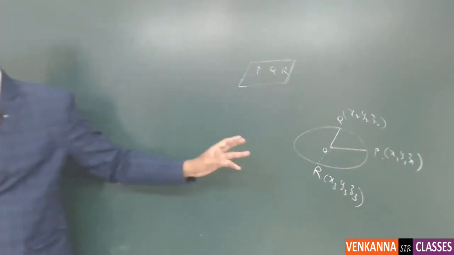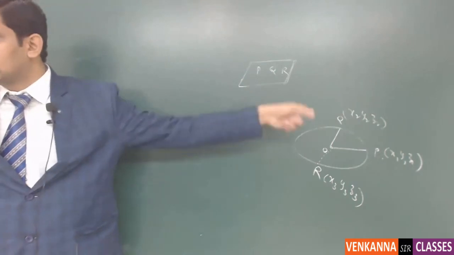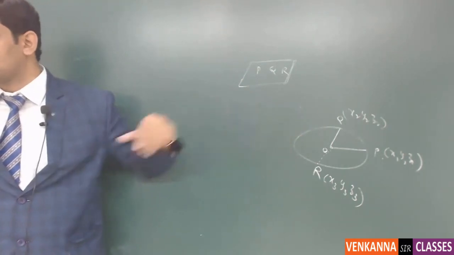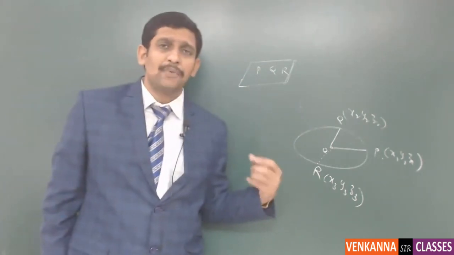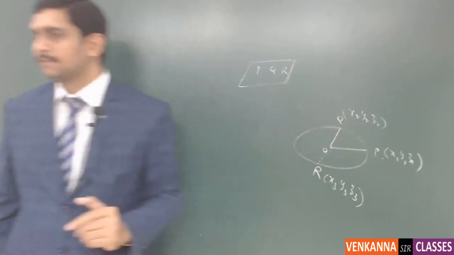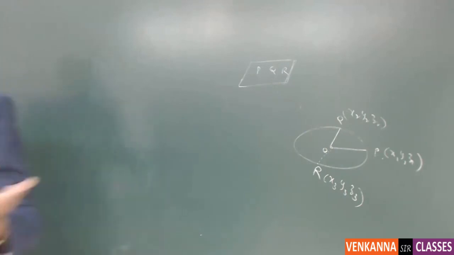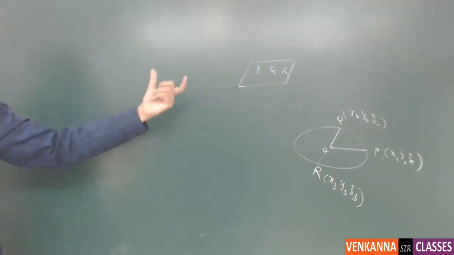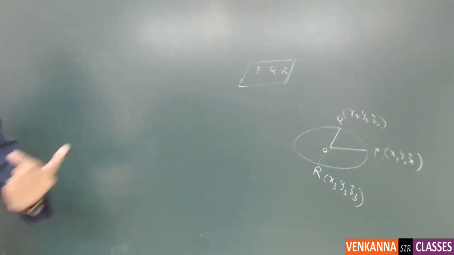If I have considered the 3 conjugate semi-diameters of an ellipsoid, I am trying to find a plane equation passing through the 3 points. So what could be its locus that I want to find? This concept is very interesting while solving the problems.